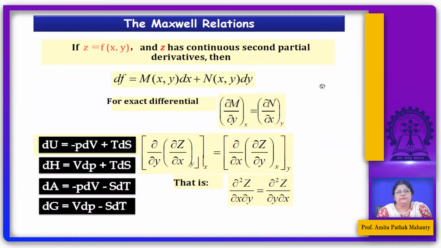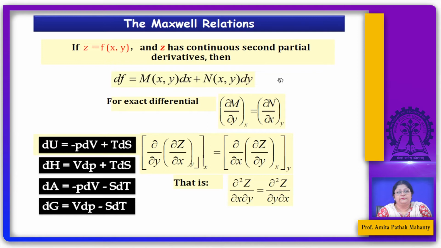Now let us look at this. When something is a perfect differential, if Z was a function of X and Y, the total change in Z was M dx plus N dy.